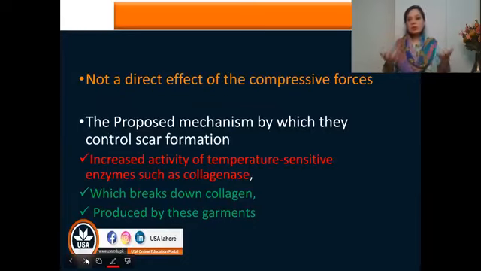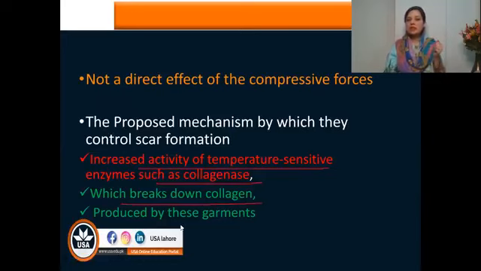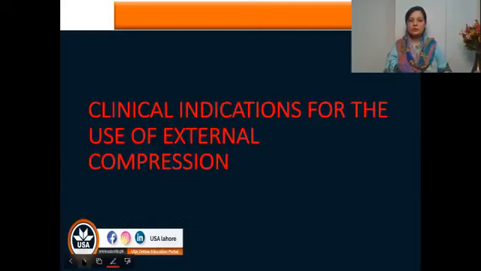By nature, it is going to insulate the tissue, due to which there is an increased tissue temperature, and due to which there is possibly increased activity of the tissue-sensitive enzyme collagenase. What it does is break down the collagen produced by these cells. So it is going to break down the collagen deposit that is present in the scar. In this way, it is going to help modify the scar tissue formation.